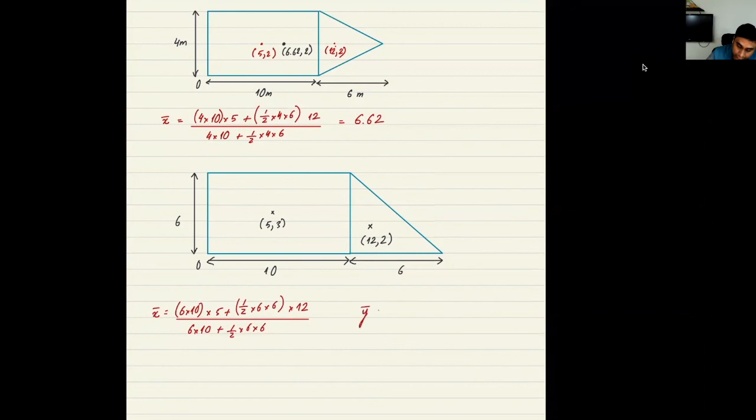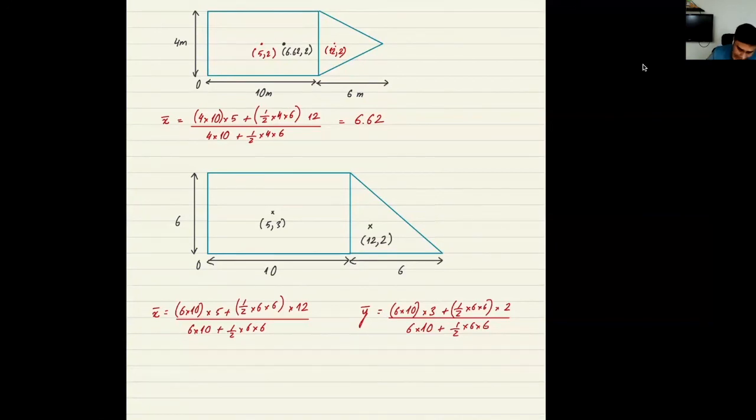Similarly, I'm going to have to find the y coordinate. That'll be 6 times 10 times the y coordinate of the rectangular sheet, which is 3, plus half times 6 times 6, the area of the triangular sheet, times its y coordinate, which is 2, again divided by the sum of areas, 6 times 10 plus half times 6 times 6.